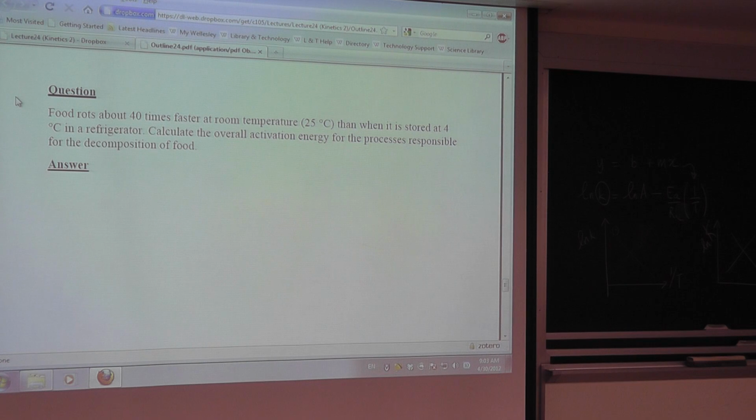What's the formula? That's just K. K equal to A, and then e to the power of negative E sub A over RT.